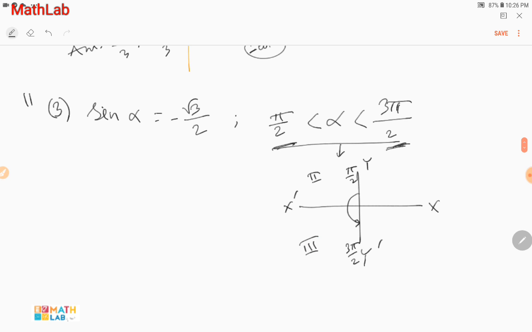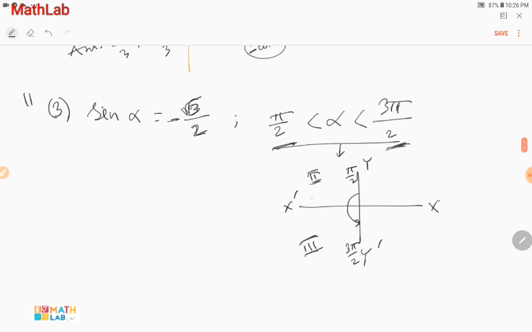All values of sine alpha in quadrants 2 and 3 where sine alpha is minus root 3 by 2 will be acceptable as values of alpha.